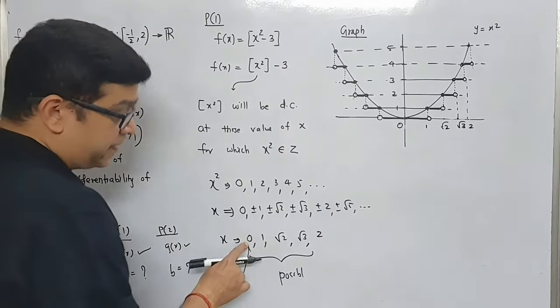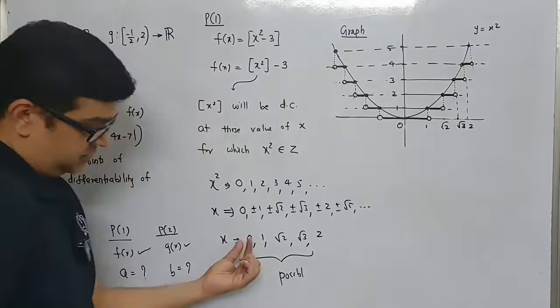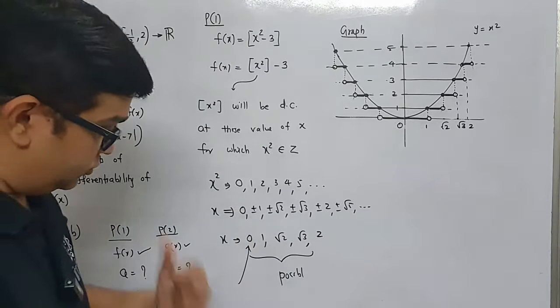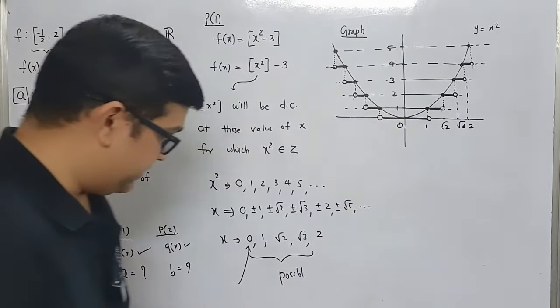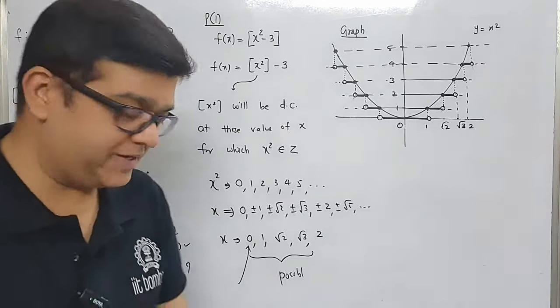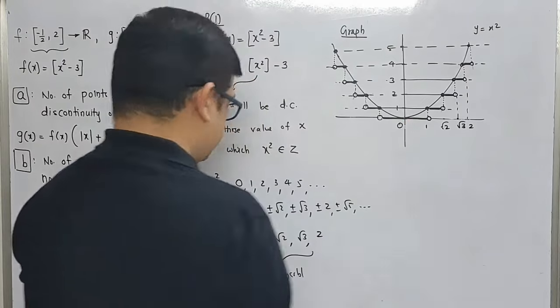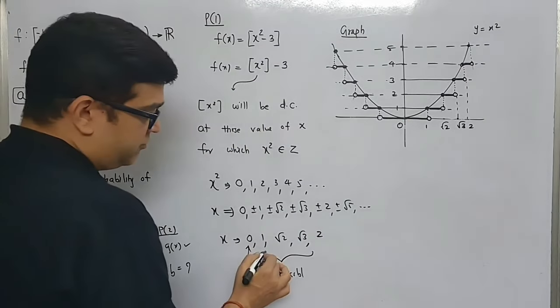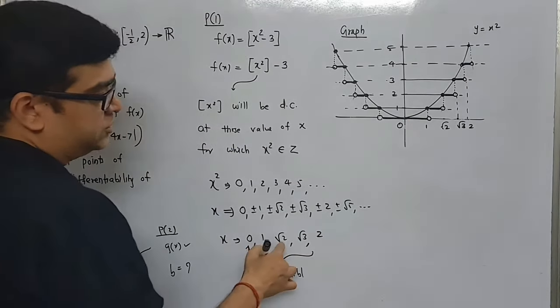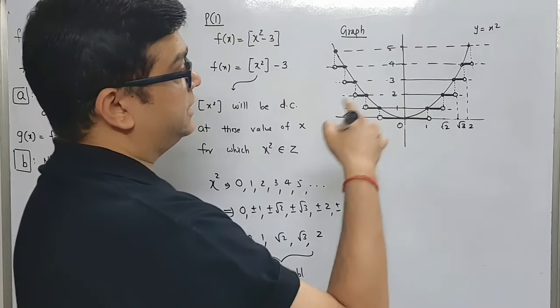So 0 is a point which was very crucial. Without the graph, we might conclude in a wrong way, so drawing the graph was very important. From the graph I can understand that the function is continuous at 0, while it is discontinuous at 1, root 2, root 3, and 2.